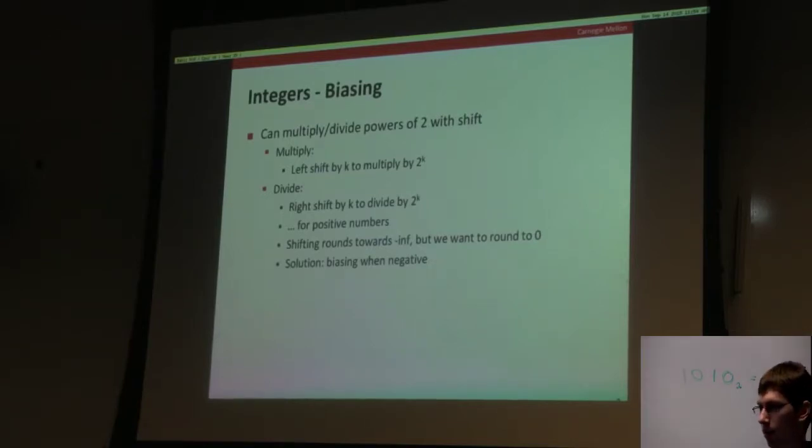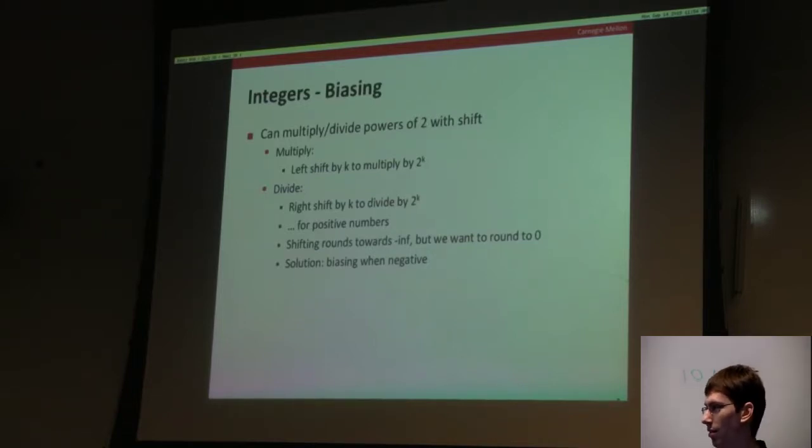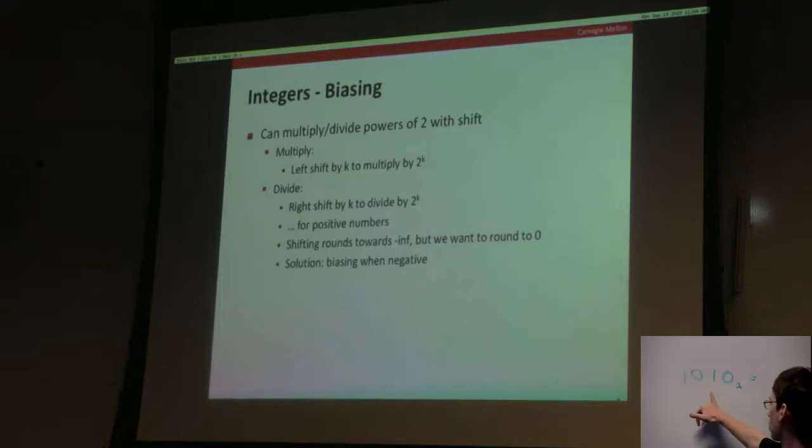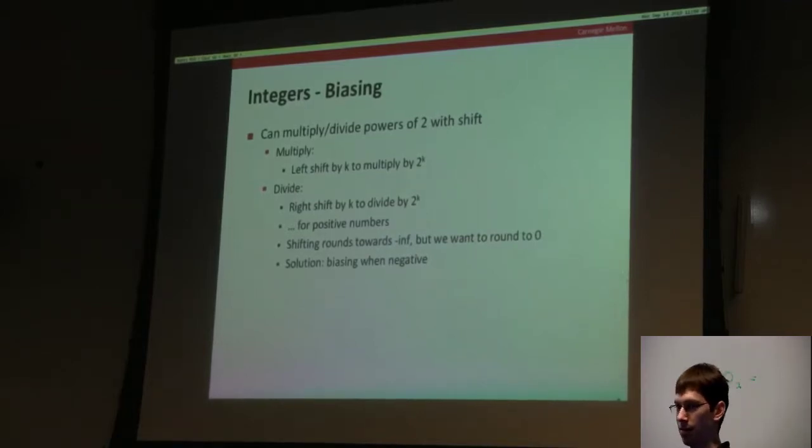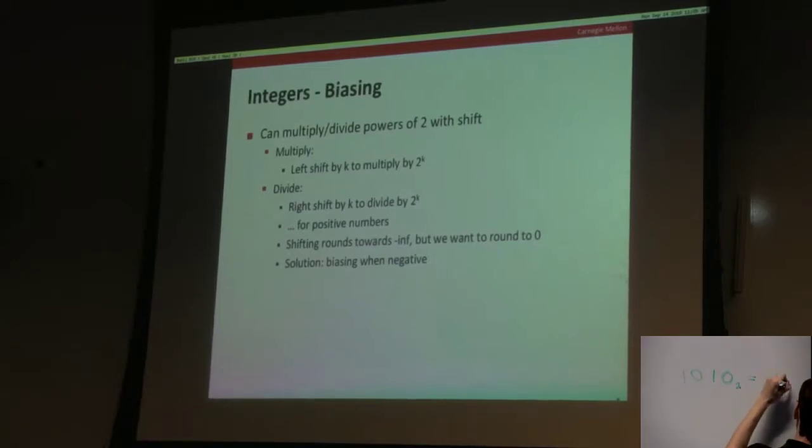Does anyone know? Yeah, so this is 2's complement, so this is a sign bit, so this is a negative number. -6, right. So how did we get -6?